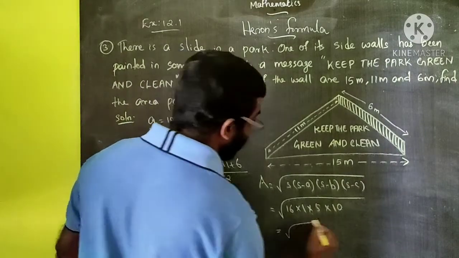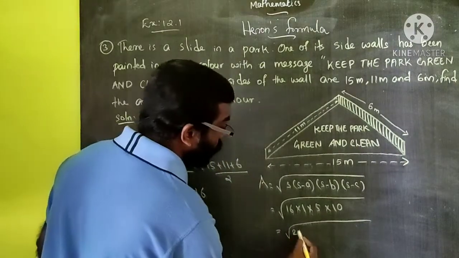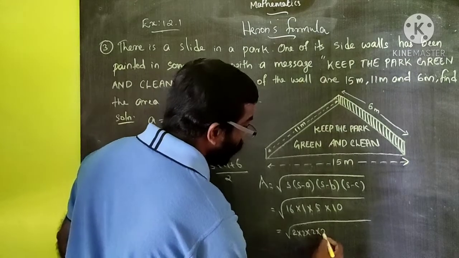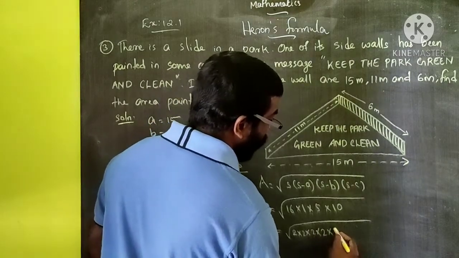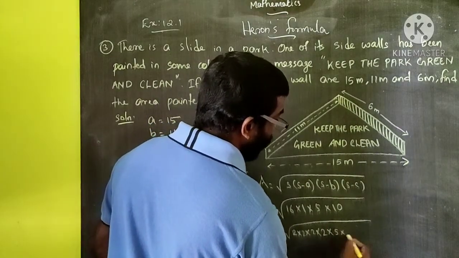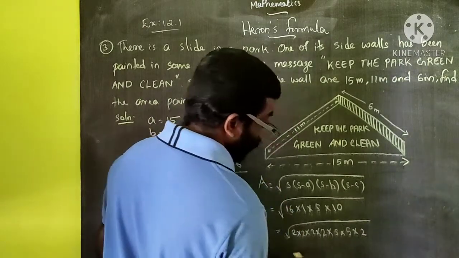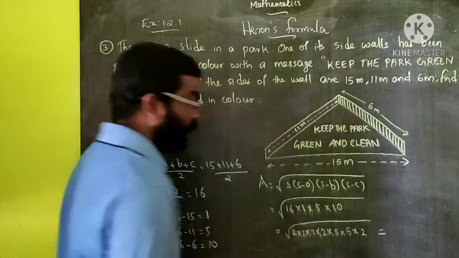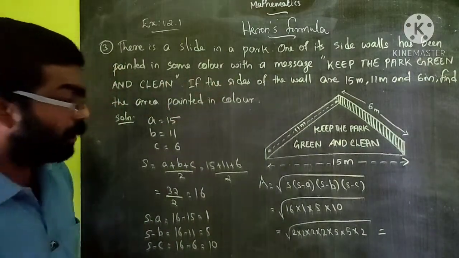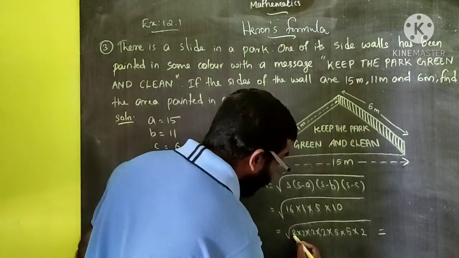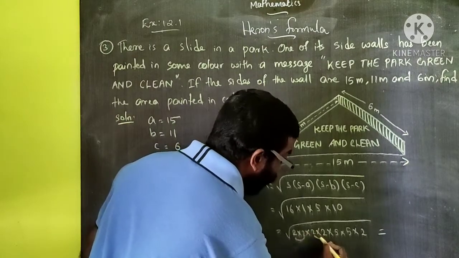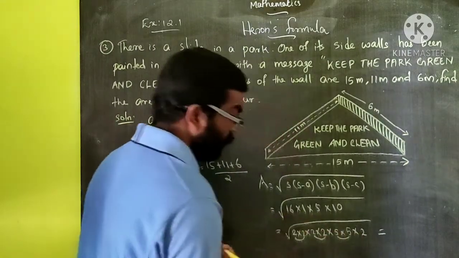Now we can factorize this one. 16 can be written as 2 into 2 into 2 into 2. Then into 1 into 5 is 5. Here 10 can be rewritten as 5 into 2. Now we can make pairs and take the square root. Okay. So here one pair, here one pair, here one pair.